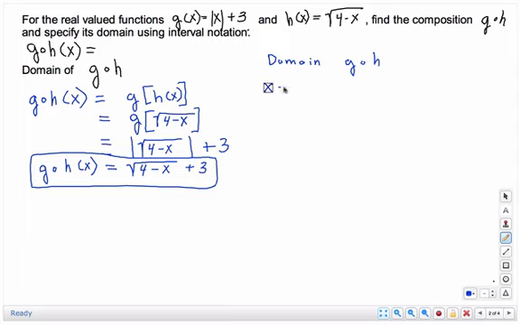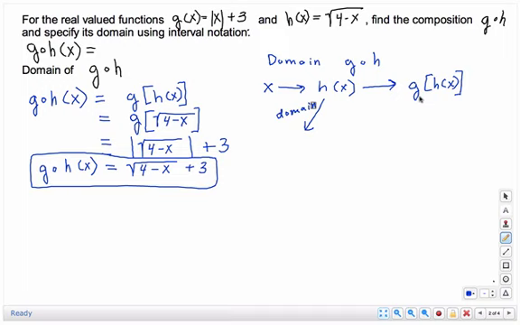Remember how I said you're taking x and plugging it into h of x first, and then from there you're plugging that into the g function, so g of h of x. So the first thing we want to do is look at the domain of h of x.